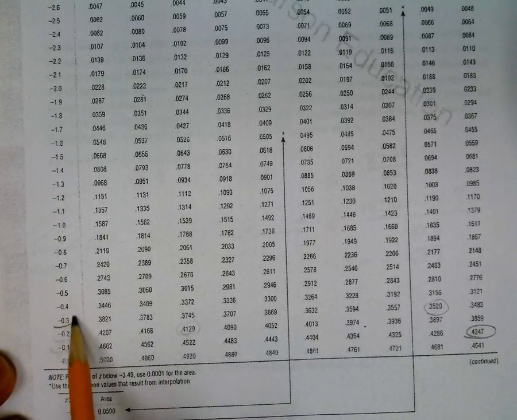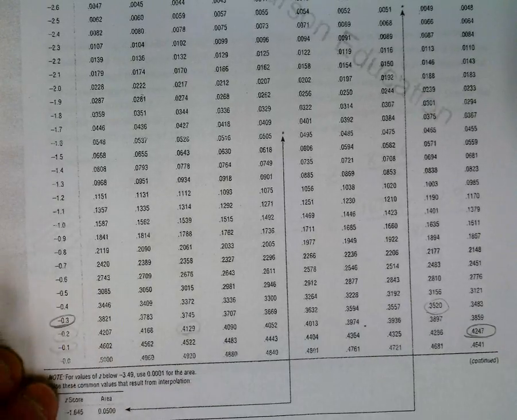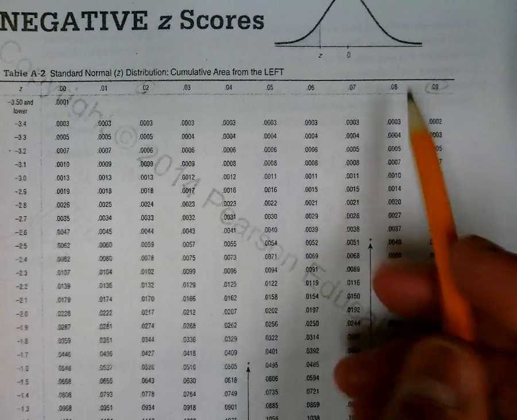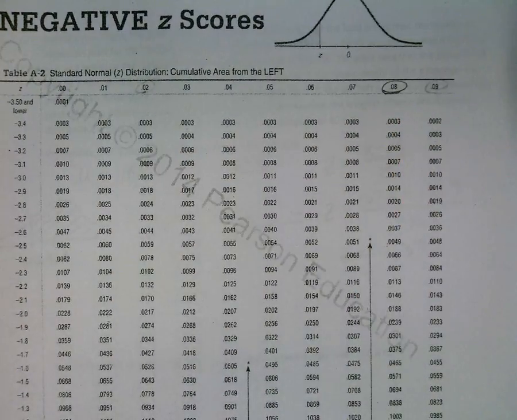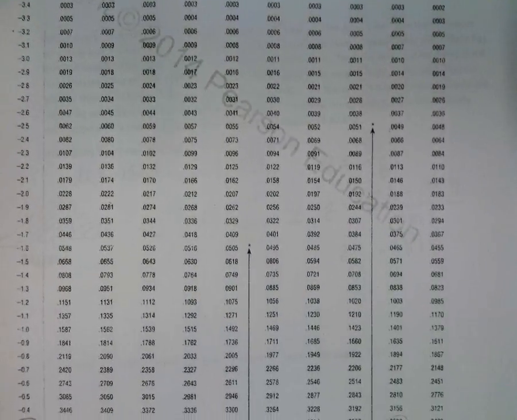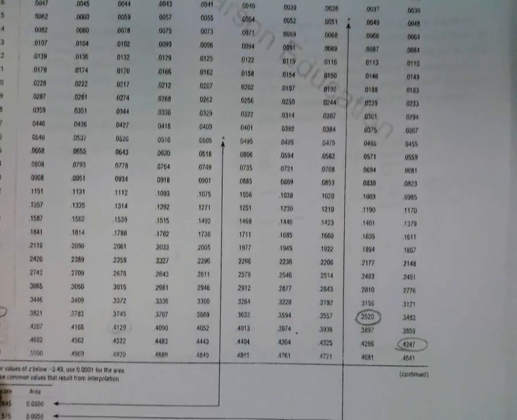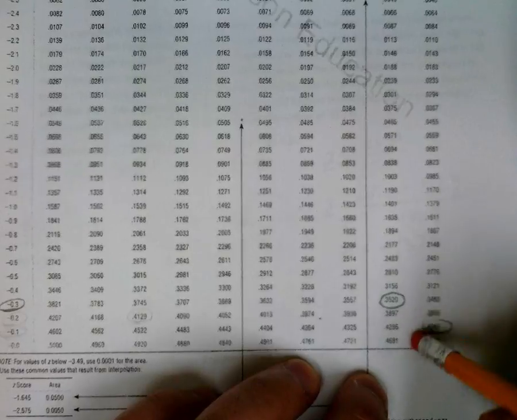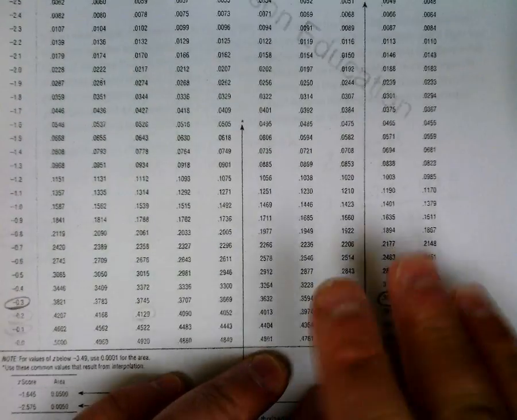So here's negative 0.3, and then we would find the hundredths place up here at the top, 0.8. So negative 0.38 is going to be where those two combine together, which is going to be 0.3520.